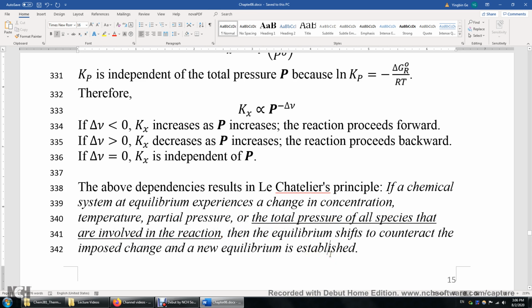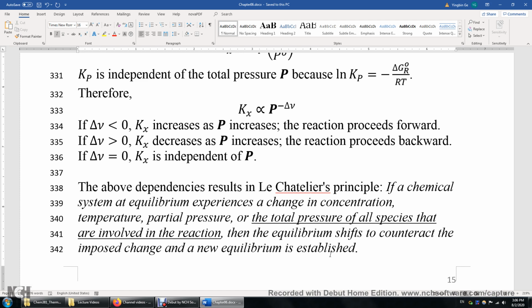So let's say we have a container, a 1 liter container, and then we have a reaction inside. We have carbon monoxide, CO, react with oxygen to produce CO2, carbon dioxide. And then if we introduce, for example, argon in the same container, the total pressure of the mixture does increase, right?